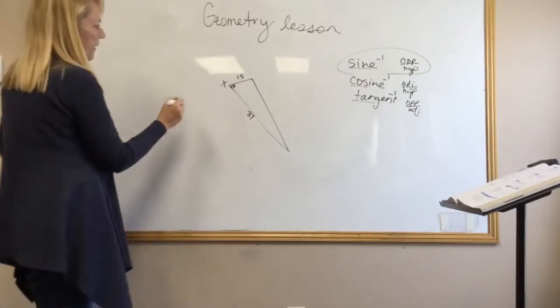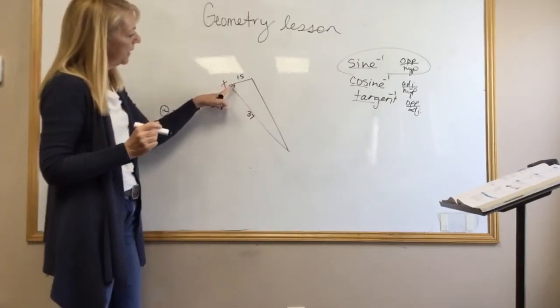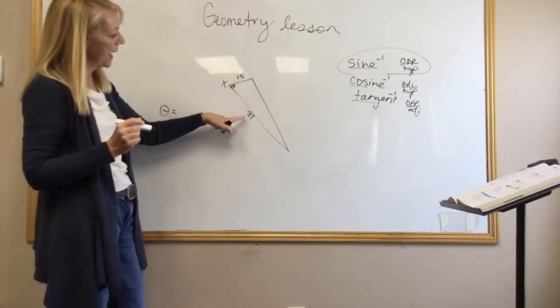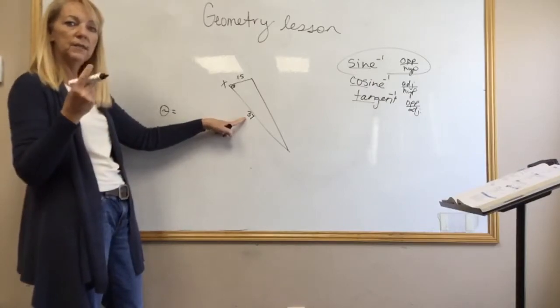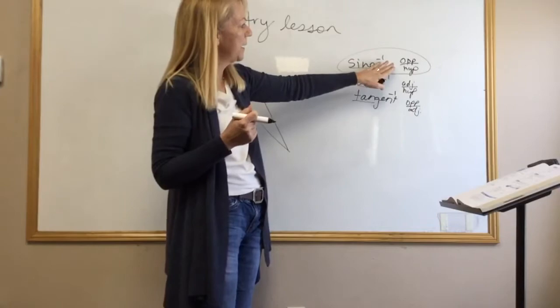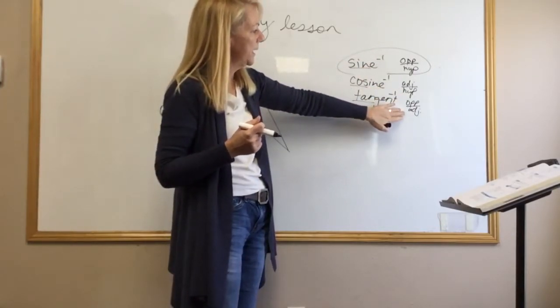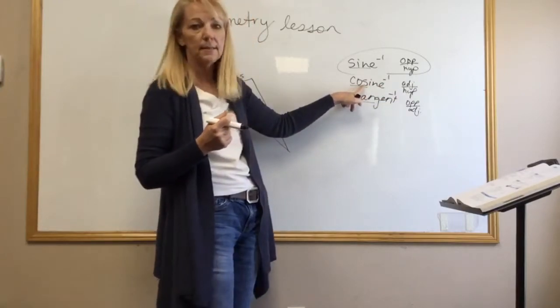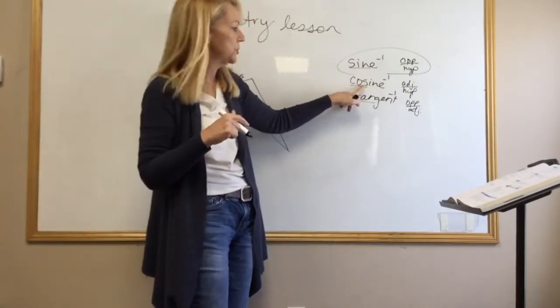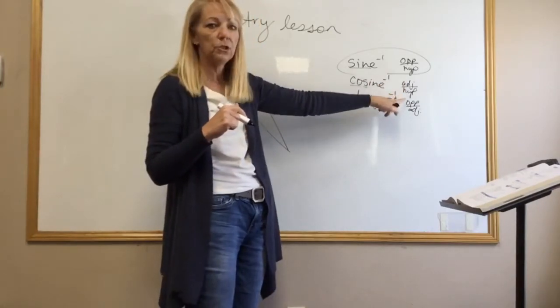So I'm going to find theta. Now if I have an adjacent and a hypotenuse as the two given side lengths, I'm going to go over here. Where do I see adjacent and hypotenuse? That's not it. That is it. That's not it. So I'm going to use cosine this time. That tells me which button to push.